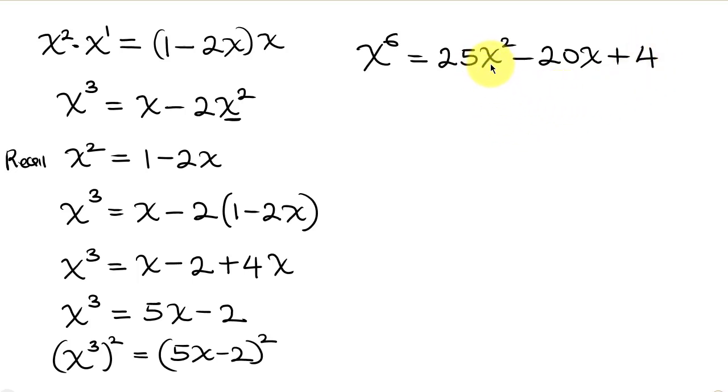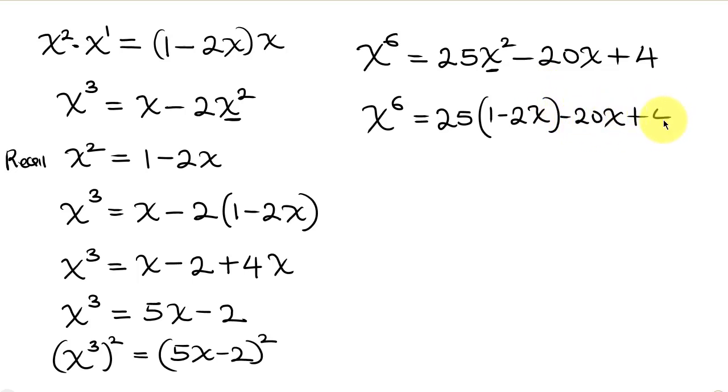Now watch again. We have our recursive x squared here again. So we're going to be substituting our recursive x squared, which is 1 minus 2x. So we have x to the 6 equal to 25 times x squared, which is 1 minus 2x, and then minus 20x plus 4.